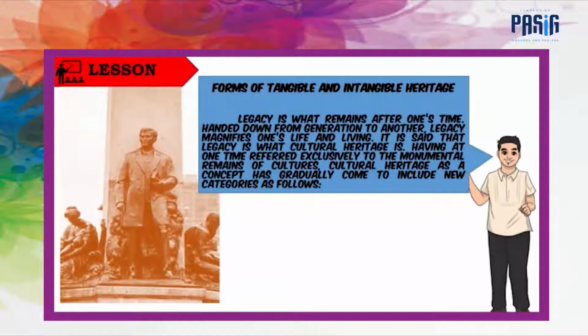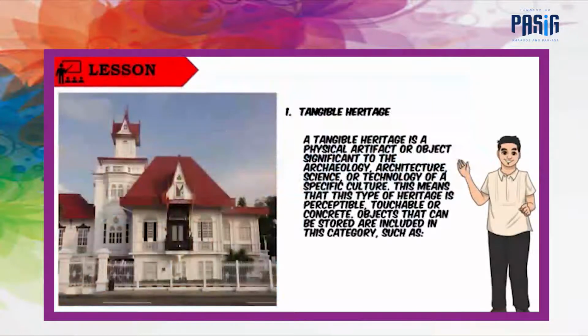Having at one time referred exclusively to the monumental remains of cultures, cultural heritage as a concept has gradually come to include new categories as follows. Tangible heritage. A tangible heritage is a physical artifact or object significant to the archaeology, architecture, science, or technology of a specific culture. This means that this type of heritage is perceptible, touchable, or concrete.